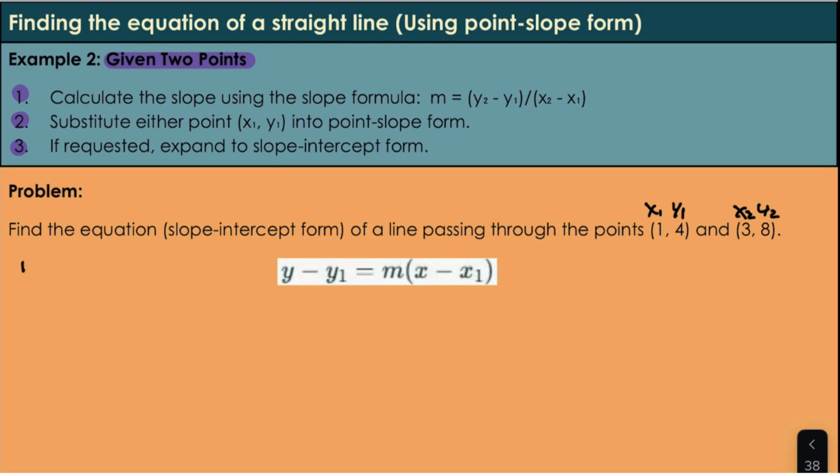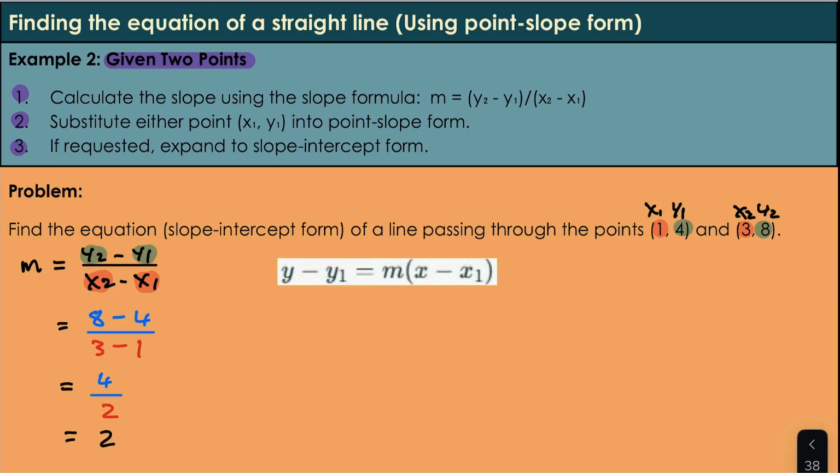Now we can write our slope formula. Our y2 is 8, our y1 is 4, our x2 is 3, and our x1 is 1. Our numerator on top is 4. Our denominator on the bottom is 2. We have a slope value of 2.